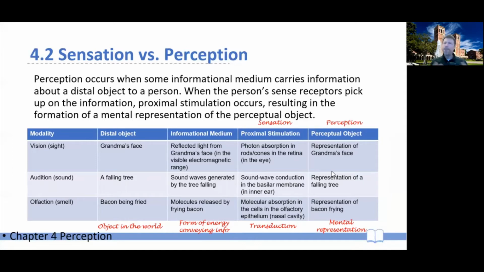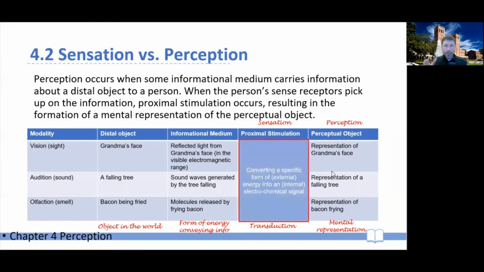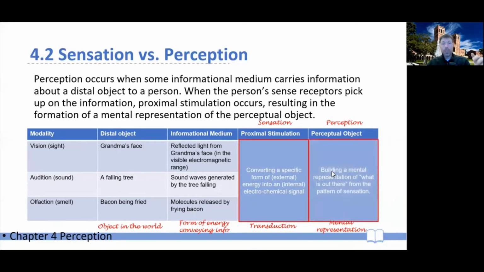In fact, it also very nicely separates the aspect of sensation, the idea of converting a specific form of external energy into a specific form of internal signal, which just happens to be an electrochemical signal in the case of neurons. And it separates that from the idea of perception, which is the building, the representing of some kind of what is out there inside here.